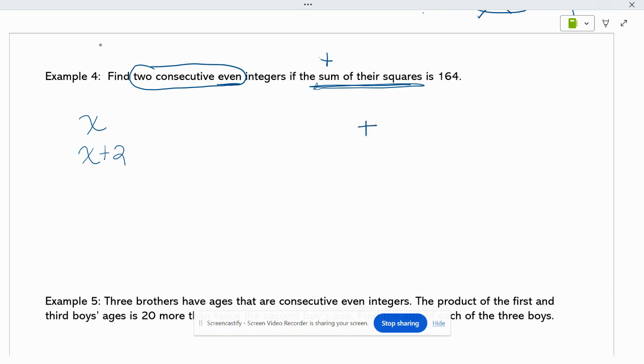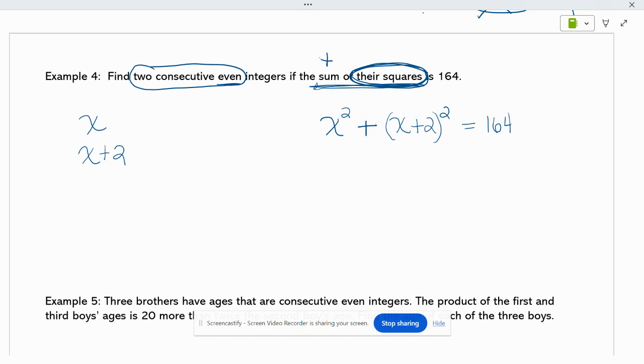What are we going to add together? Their squares. So I have to take the first integer and square it, and I have to take the second integer and square it. That is the sum. I'm adding together their squares. And it says that the sum of their squares is 164.